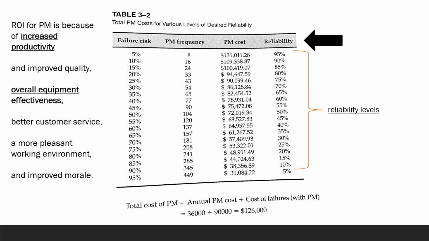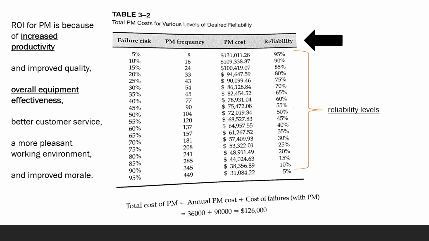Okay? So the ROI of PM comes from increased productivity and improved quality, overall equipment effectiveness, better customer service and a more pleasant work environment. These are all our ROIs: by spending this much money on the system, we can maintain that much reliability to make millions and billions of dollars in ROI.